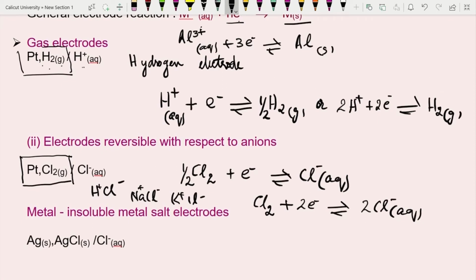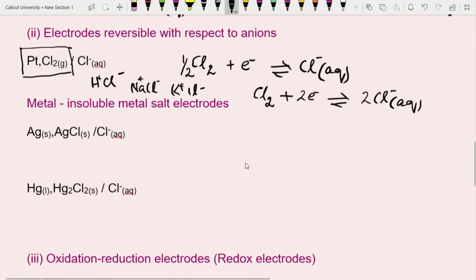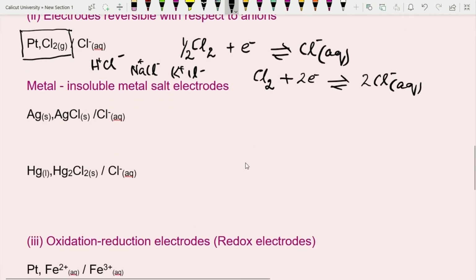Next type is, that is two types we have, one is the gas electrode, the other one is a very important one, because we have some standard cells and reference electrodes all made from such type of electrodes. This is a metal, a metal insoluble salt, which is again contained in a solution which contains an anion in common with the metal salt.